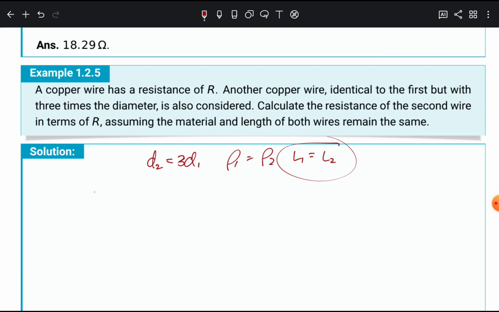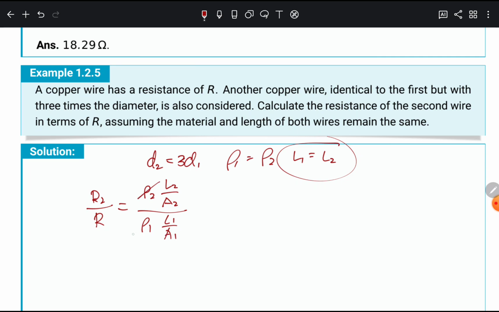It's identical. So now, if you solve for the new resistance R2, you divide it with R1, which is, let me just call this one R, will be equal to ρ2 L2 divided by the area, ρ1 L1 all over area 1.